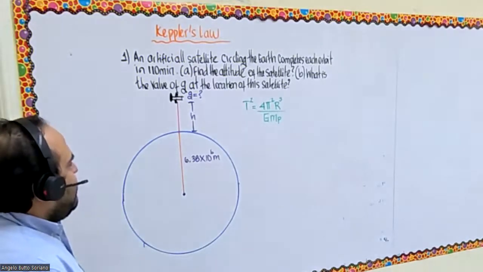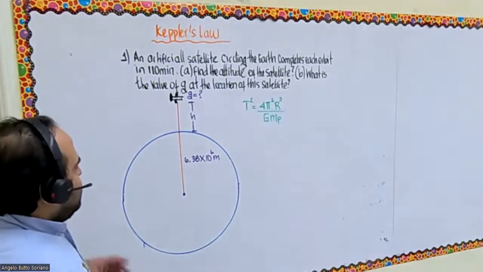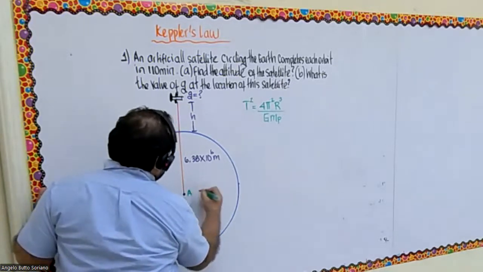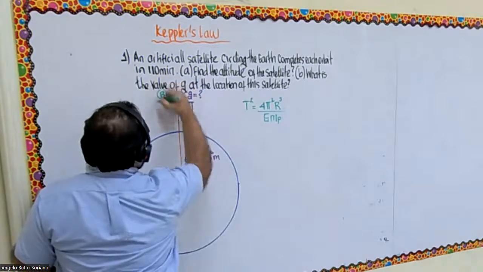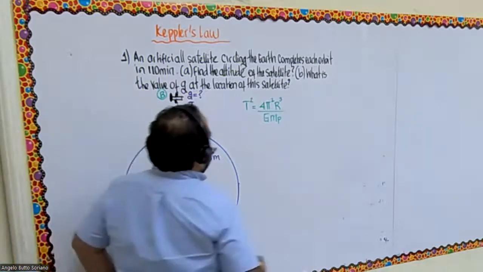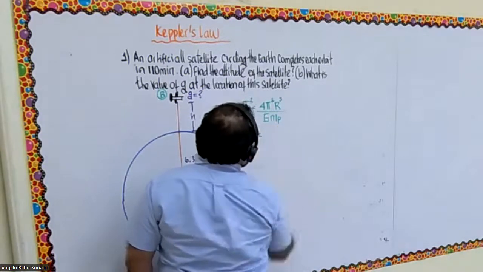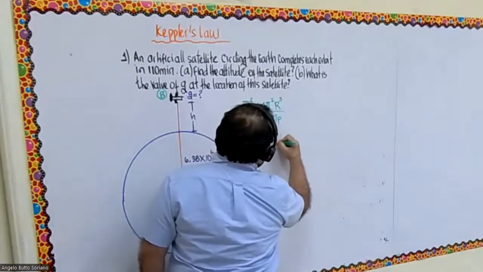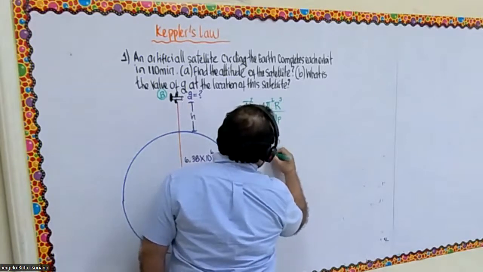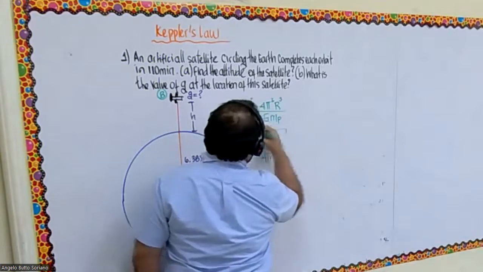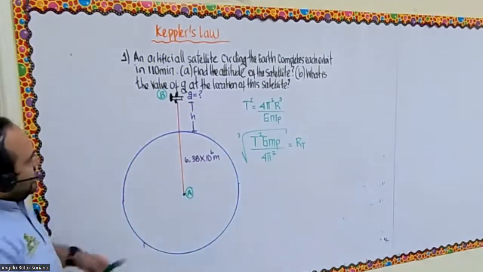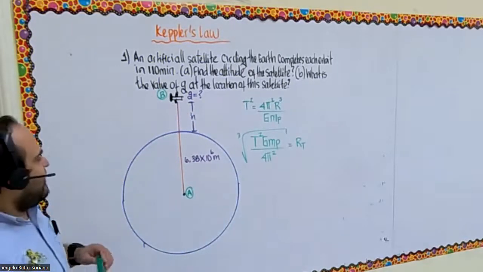We must look for the radius, which in this situation is the total distance from point A to point B. So in simple words, we take the period squared multiplying G and M, the mass of the planet, divided by 4 pi squared, take the cubic root, and that will be the total radius, the distance between point A and point B.